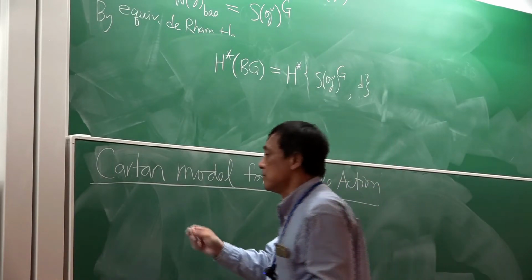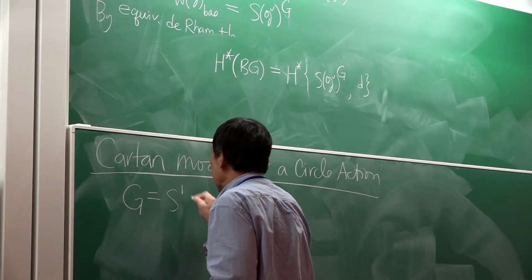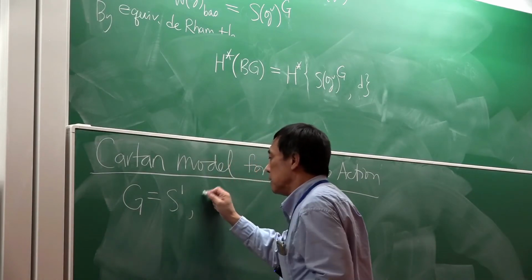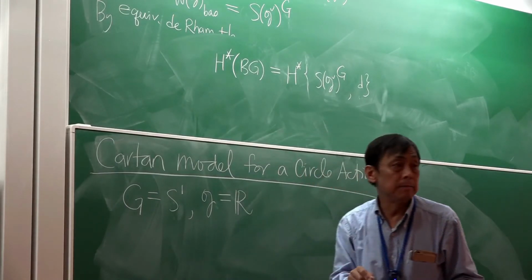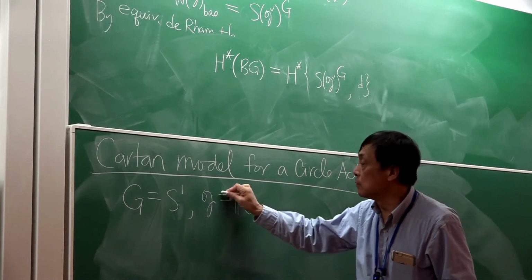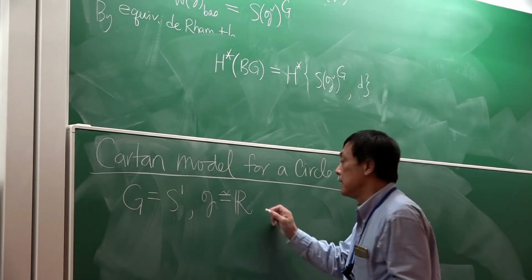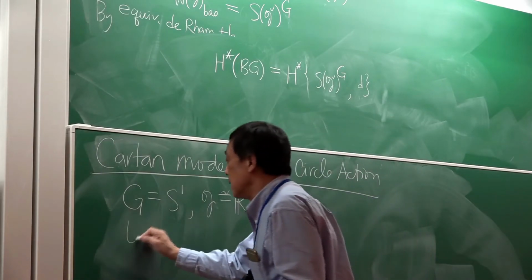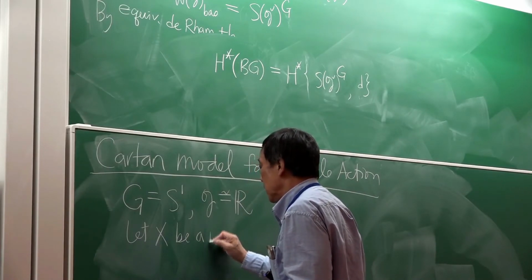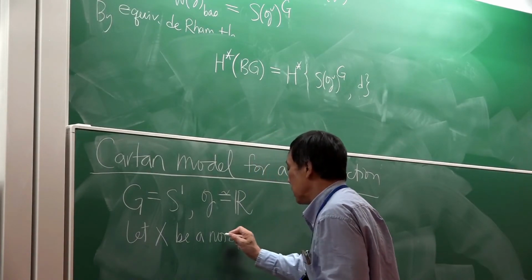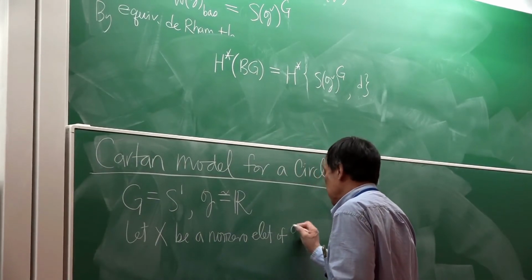Now, for a circle action, the group is S1, so the Lie algebra of S1 is isomorphic to R. And then, let X be a non-zero element of the Lie algebra.